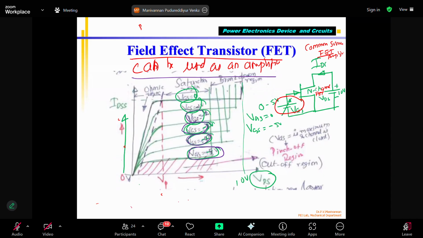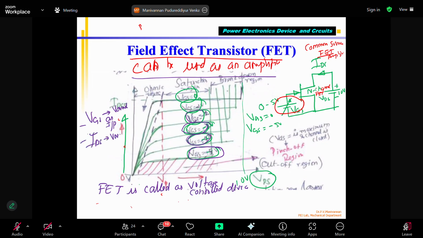And so, because of this, as I told you yesterday, note down, FET is called a voltage control device. Why? I vary the VGS, which is varied as input, and because of that IDS is varying as output.